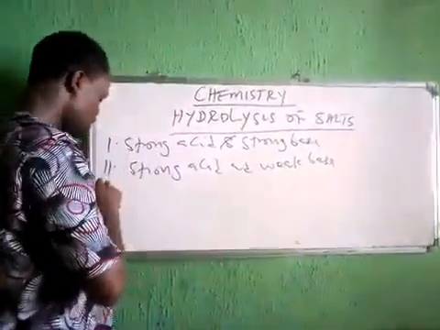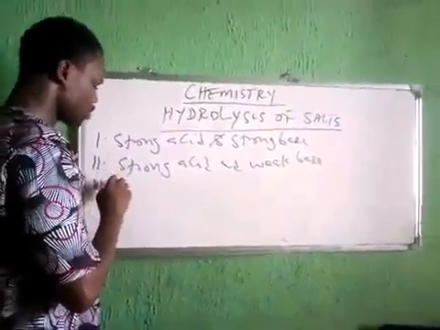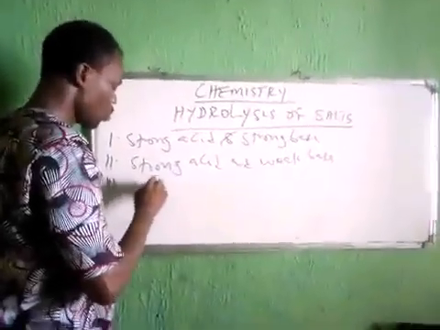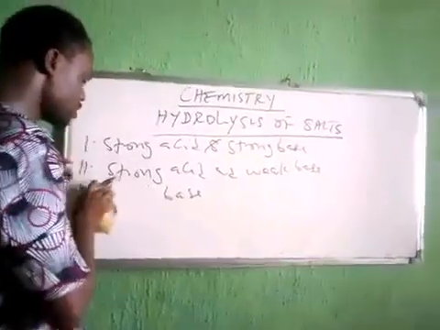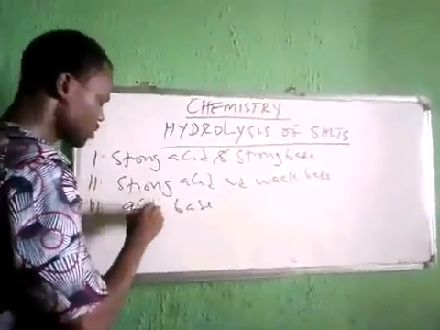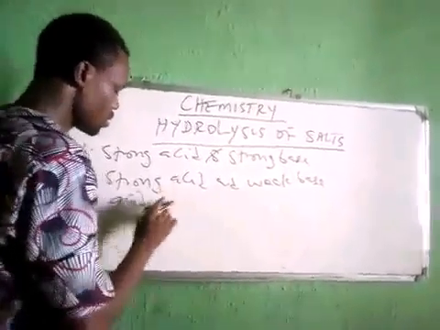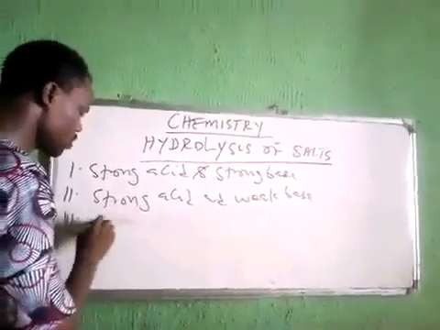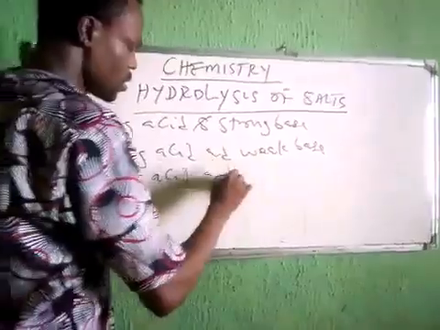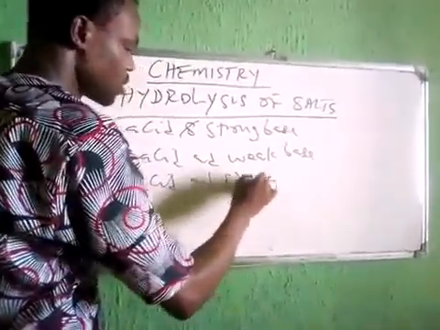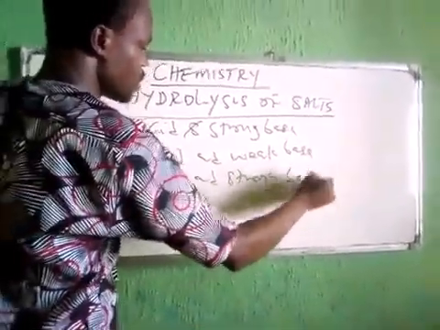We have normal salts that are formed from weak acid and strong base. These are the three types that we have.